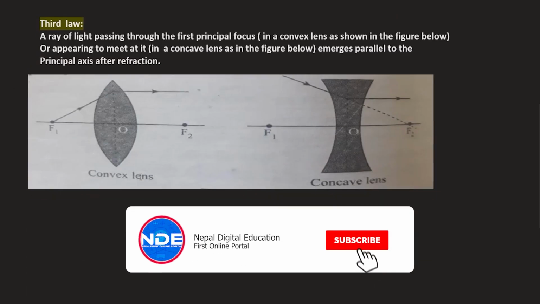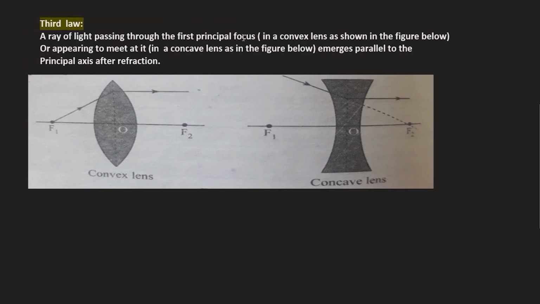Let us look at the third law. The ray of light passing through the first principal focus in a convex lens as shown in this figure first, or appearing to meet it in a concave lens as shown in the figure 2, emerges parallel to the principal axis after refraction.